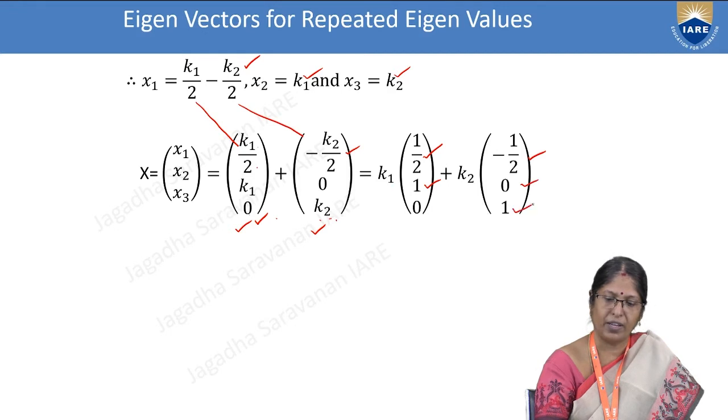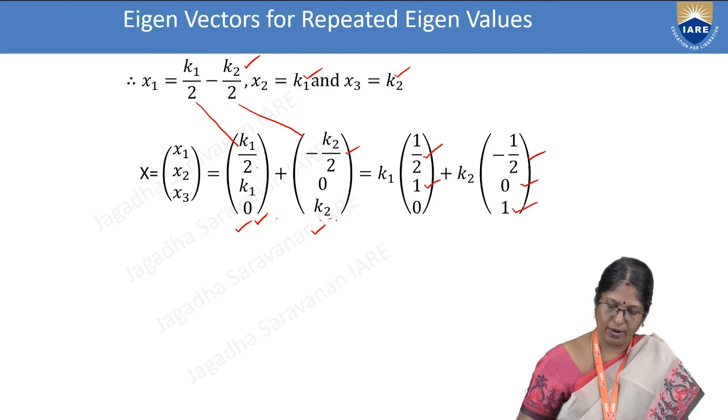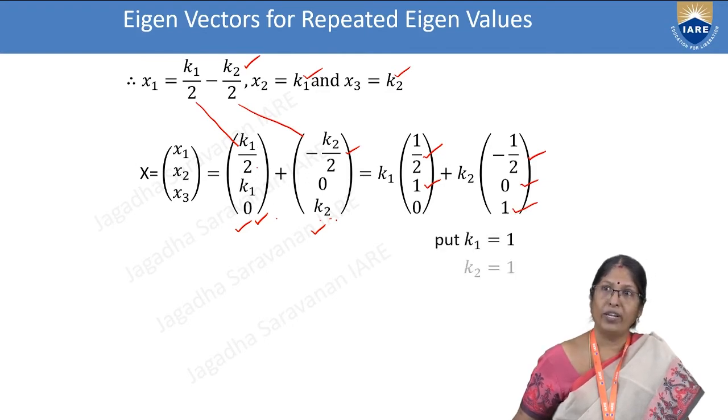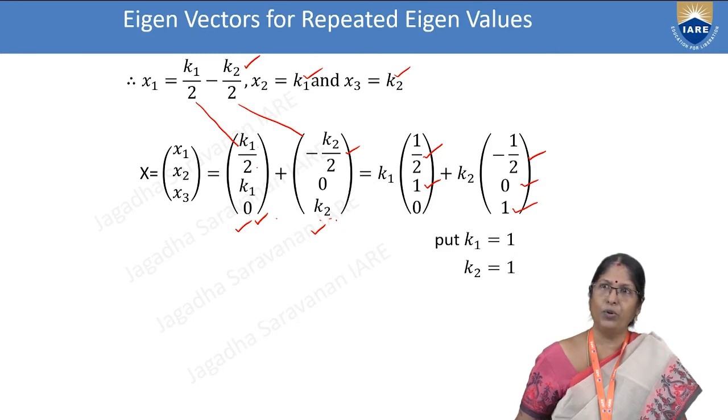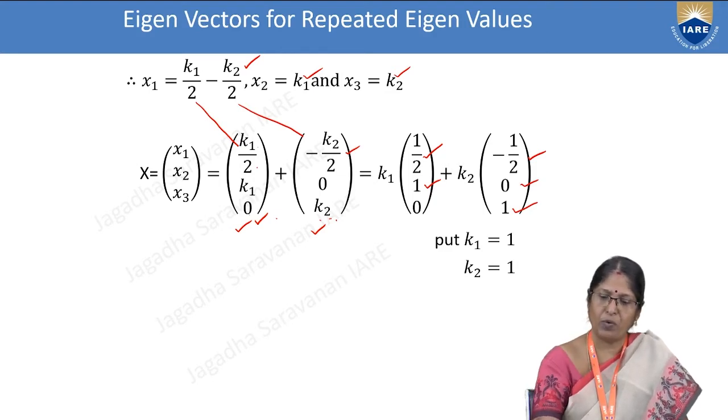Here k2 is coming out, and the balance is k2 into 1, so it is written as 1. We know k1 equals 1, k2 equals 1. We can take any value. We don't want to make our problems more complicated, so 1 will save our time. So k1 equals 1, k2 equals 1 we have taken here.